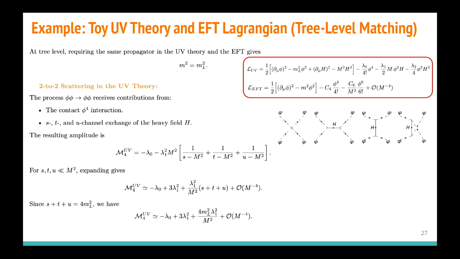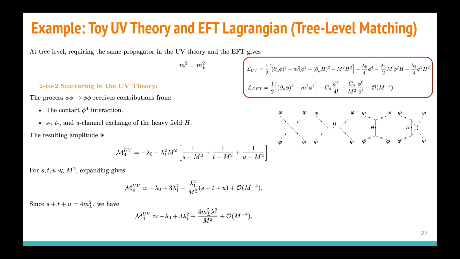I am not doing the full calculation here, but you can see how this comes about, and we have S minus m squared, T minus m squared and U minus m squared. Now if we are in the regime where S, T and U, which are combinations of these momenta, are much smaller than the scale of new physics, then we can expand this.